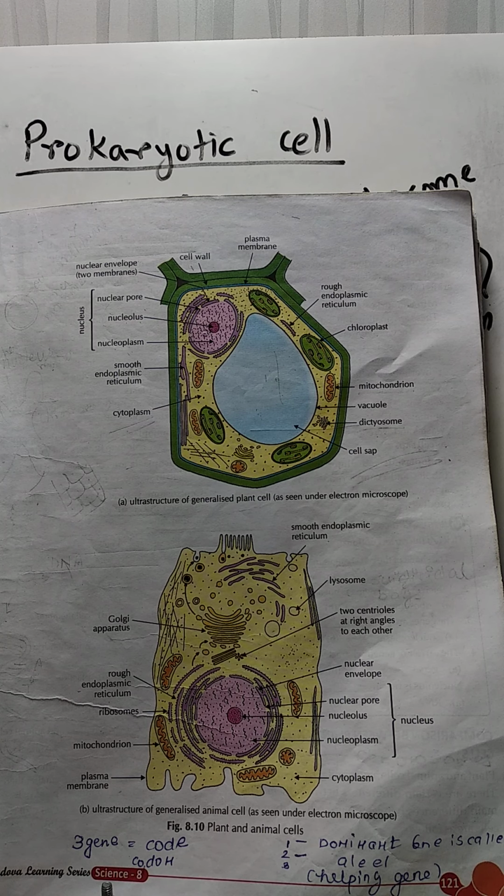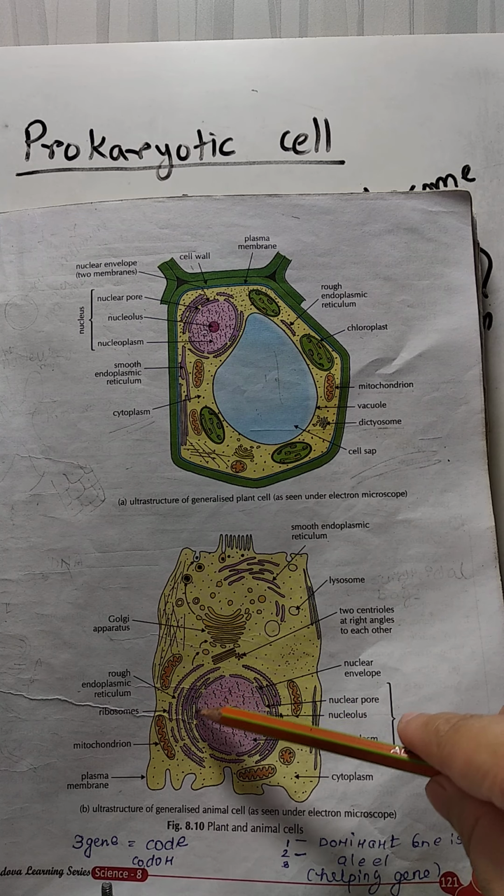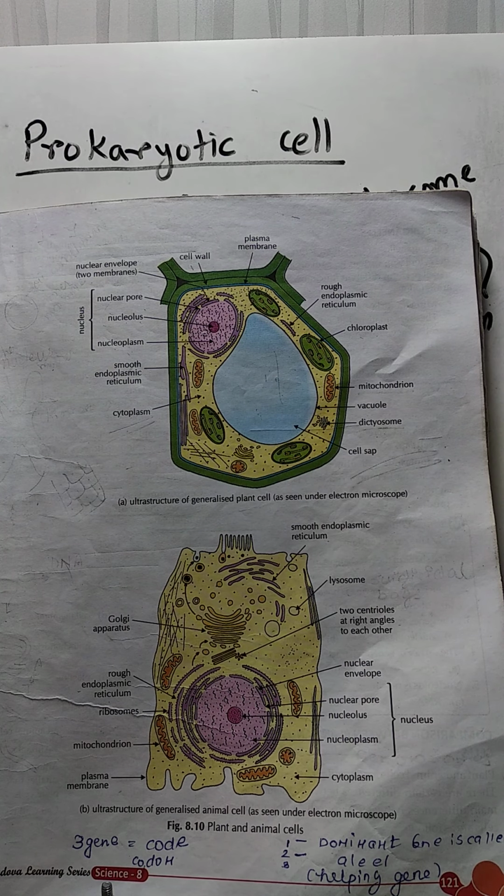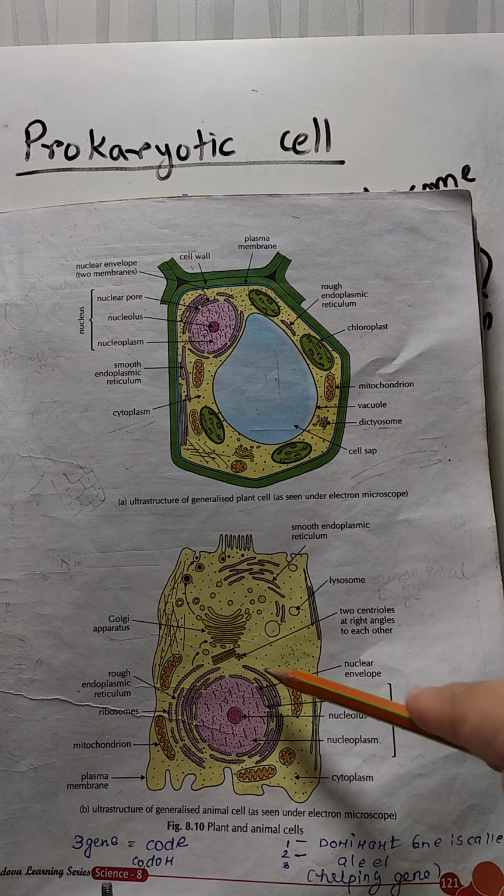The nuclear membrane was not present. Whatever is usually present inside the nucleus is directly exposed into the cytoplasm in the prokaryotic cell. Whereas here, because of the presence of the boundary, all the nuclear material is protected inside the nuclear membrane. Okay, so this is the basic difference.